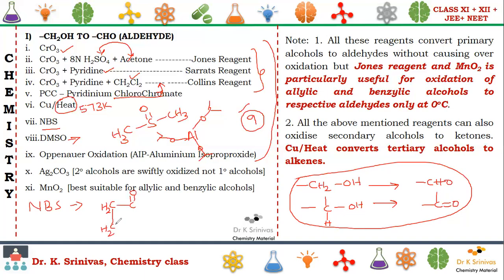This is C double bond O like this, N here. This is nothing but N-bromosuccinimide, which is used for converting primary and secondary alcohols to the corresponding carbonyl compounds. So, students, almost all reagents are directly used.